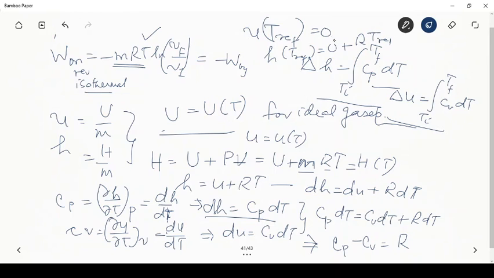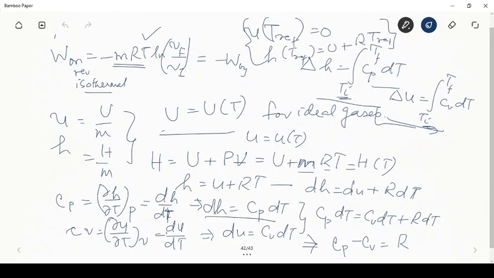That is your starting case, and using this as the origin or datum, we can evaluate the Cp and we can evaluate the H and U at any point using this delta H, starting with Ti as T ref, and you get the value of H everywhere. Similarly, U and H are evaluated the same way.